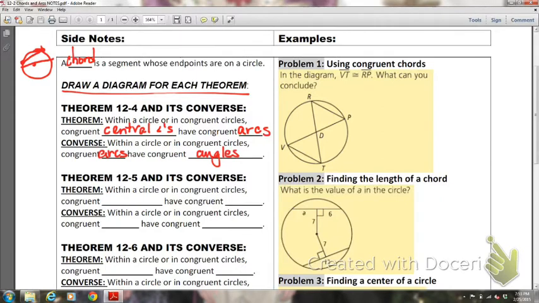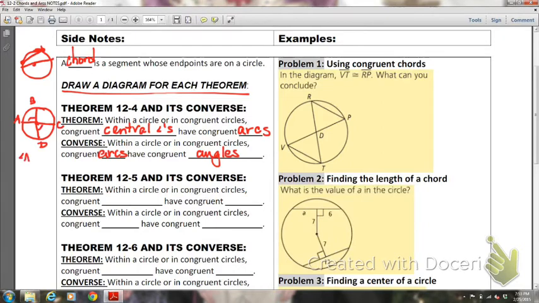So let's look at a diagram of this. You have a circle and you have two central angles. A central angle is an angle whose vertex is the center of the circle. So here, let's say we have central angle AB, and then we have another one that is CD. So here we have two central angles that are congruent.